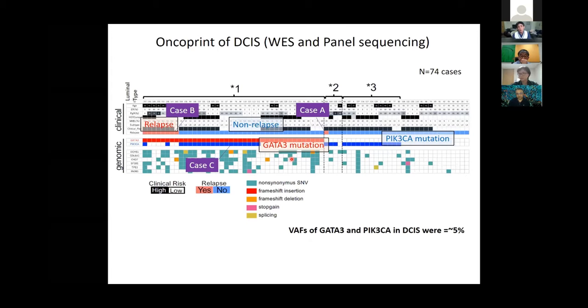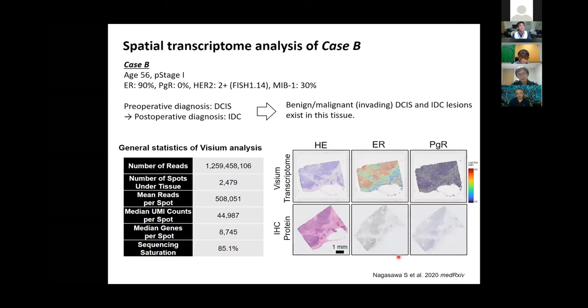So we wanted to know what's the difference between the GATA3 mutation cases and the PIK3CA mutation cases, and conducted the Bayesian analysis.